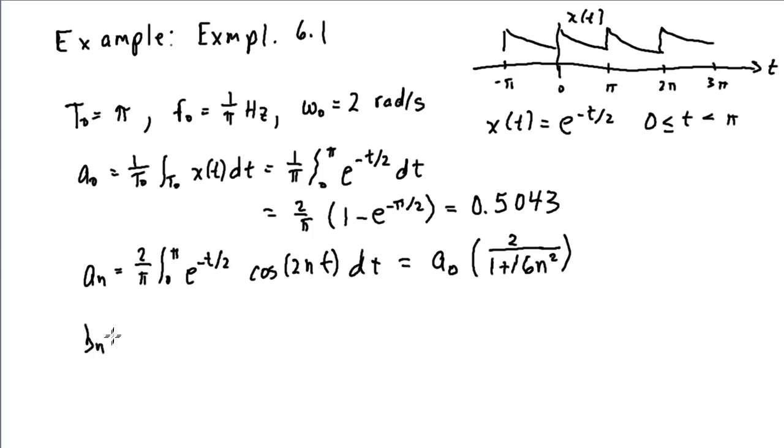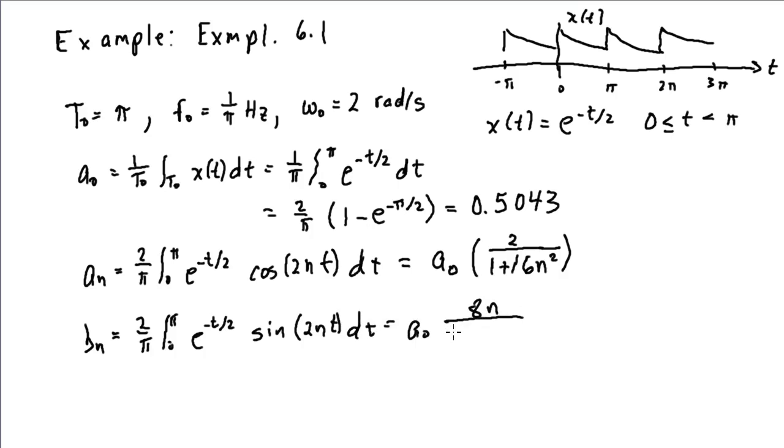Similarly, Bn is 2 over pi, integral from 0 to pi, e to the minus t over 2, but now sine of n omega 0, or 2nt dt, and this turns out to be a0 times 8n over 1 plus 16n squared.